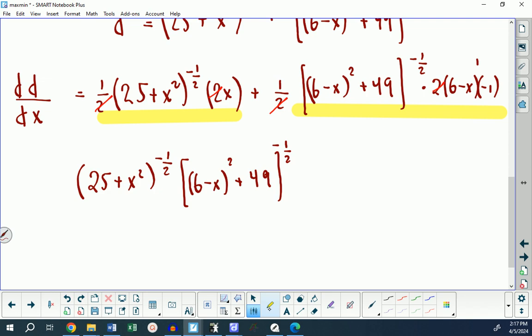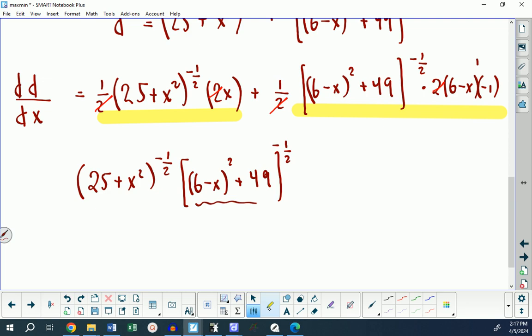This can never be 0, because then (6 minus x) squared would have to be negative 49, and 6 minus x squared is something squared. Okay, so they're going to go to the bottom, and we're going to ignore them.